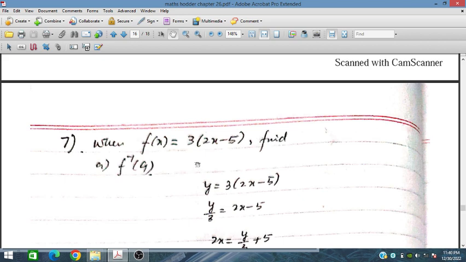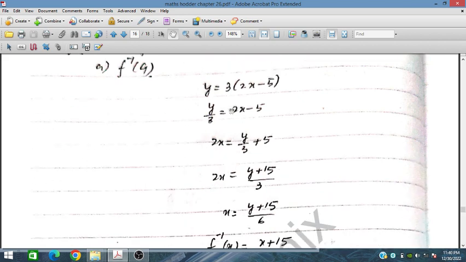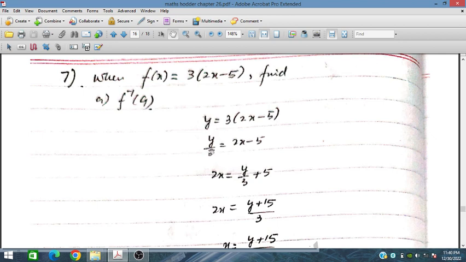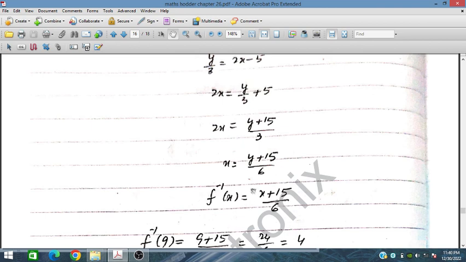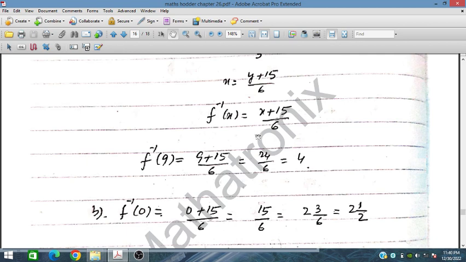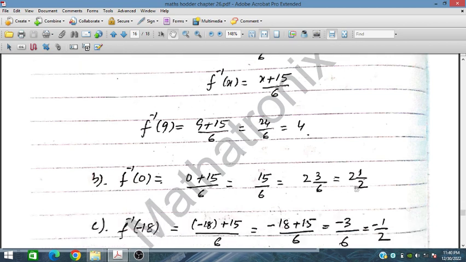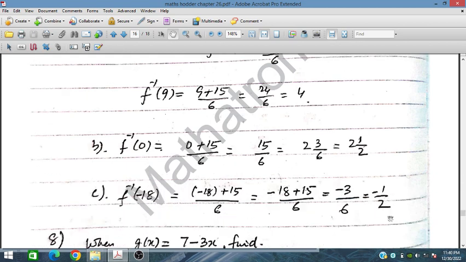When f(x) is equal to 3x minus 5, find f inverse. This is simply y is equal to this, divide by 3, and finally x is equal to this, and f inverse is this. We just shift it, and find f inverse of 9, f inverse of 0, and f inverse of 18.